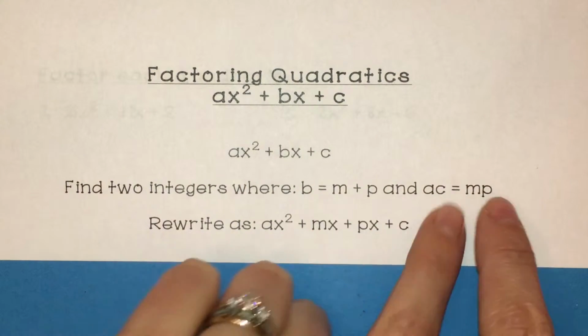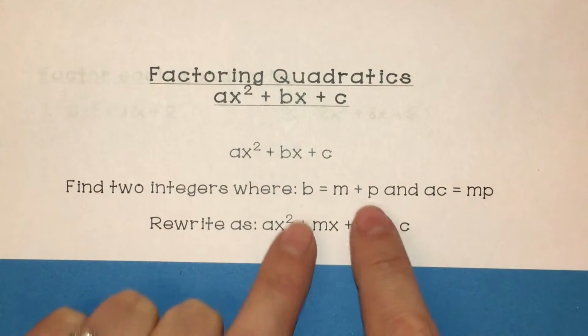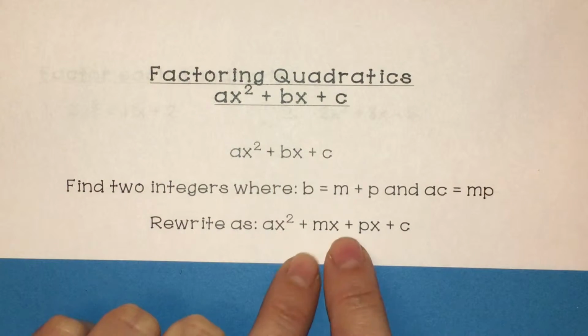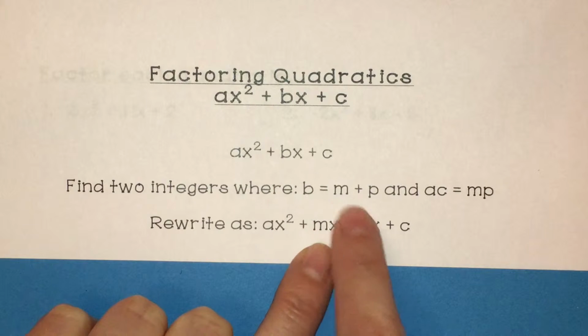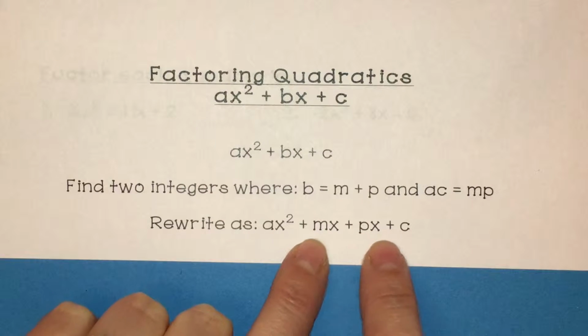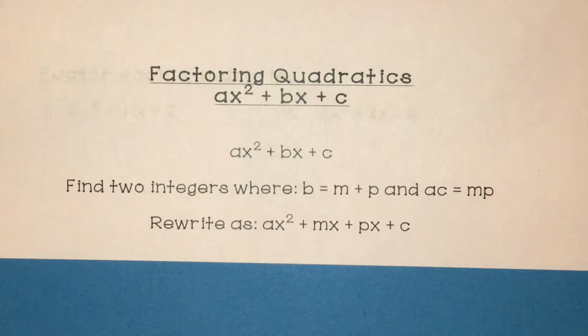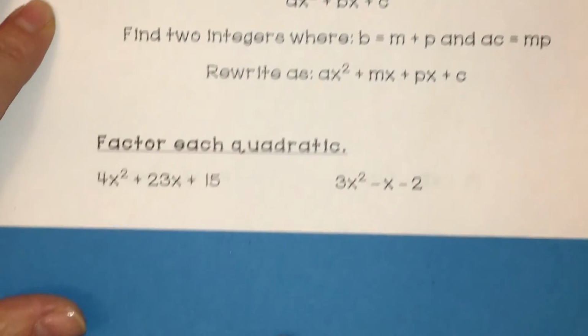Once you find those values, you use them to break the bx term down. So that middle term is broken down into two. These are the first steps that you use on all of these, and then you can start factoring from there. So let's start factoring some problems.